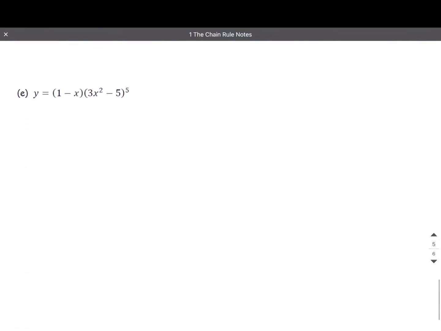Here we go. All right, this looks like a what rule? This is a product rule because we have multiplication. And you're not going to expand that because you're not going to raise that 3x squared minus 5 to the 5th and then multiply by x minus 1.